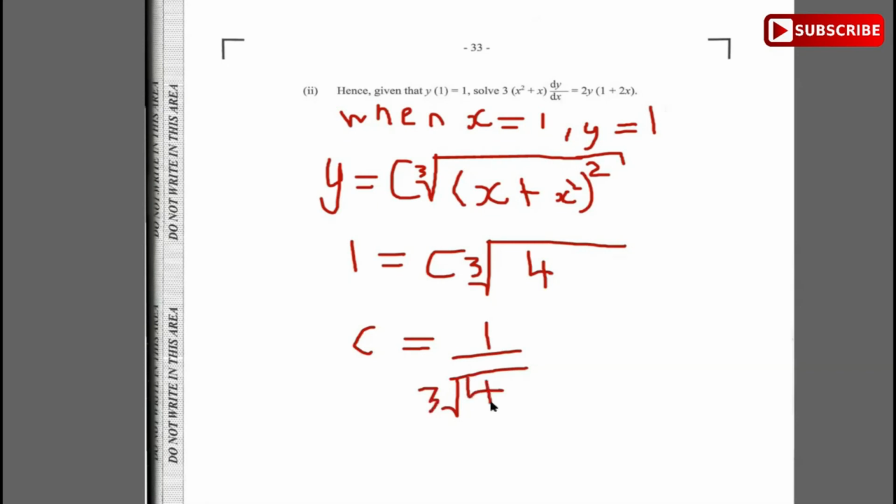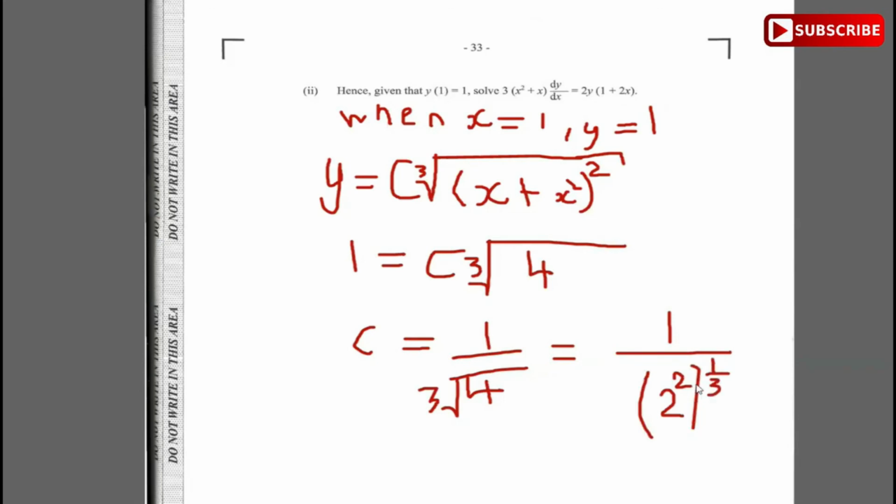So we work out what that is. The cube root of 4. Can't I simplify it any other way? Let me see if I can simplify it without using a decimal. I can rewrite 4 as 2 squared, raised to the 1/3 power.